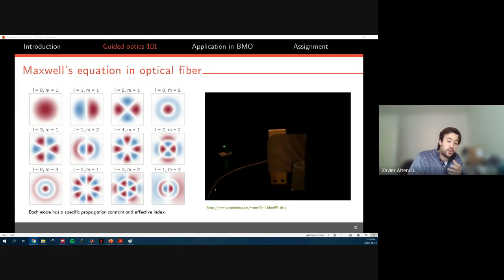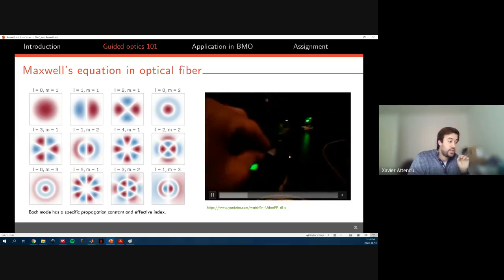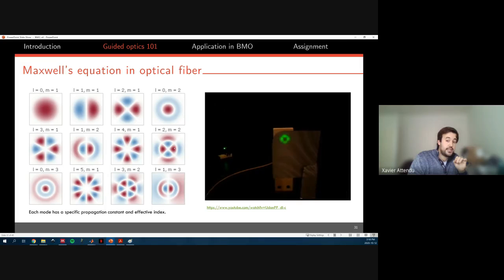And what that physically looks like is something like this. What the person is doing here is they're just changing the angle and the position at which light is being shot into a fiber. And you see that what's coming out of the fiber actually has these funky shapes.